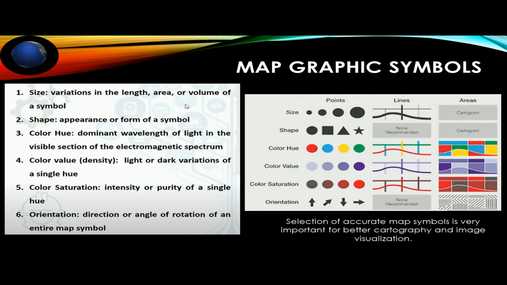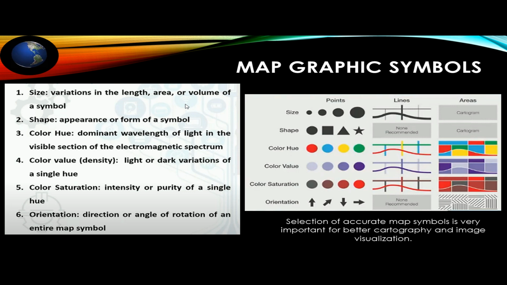Selection of accurate map symbols is very important for better understanding. Like when you prepare a map, you place the north arrow, and you prepare legends. These are the components of cartographic or mapping features. I will tell you that also when I do QGIS layout mapping.